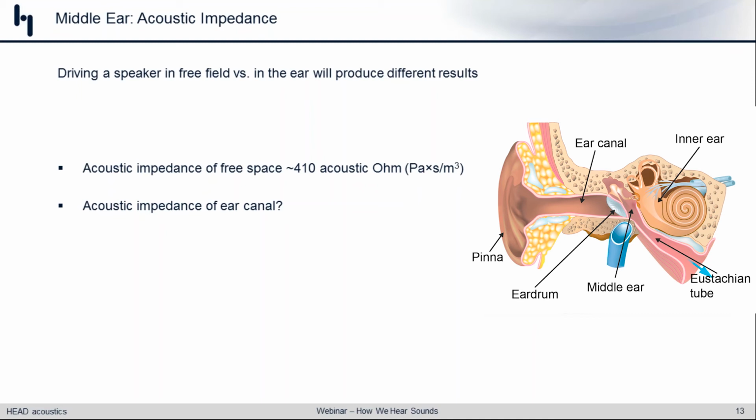So if you put, let's say, a pair of headphones on a tabletop facing up, and you stimulate them with a frequency sweep of equal magnitude, and you just put a reference microphone out in front, remember, a very small reference microphone that doesn't really influence the sound waves, you just measure the output of that headphone driver out into free space. You're exposing it to 410 acoustic ohm, and you get a certain response.